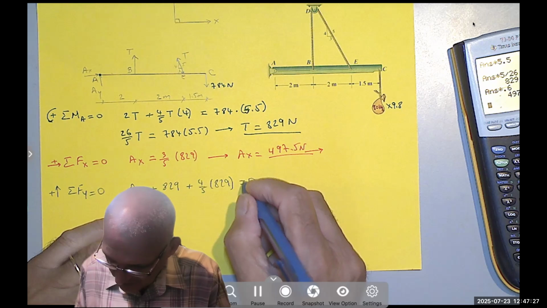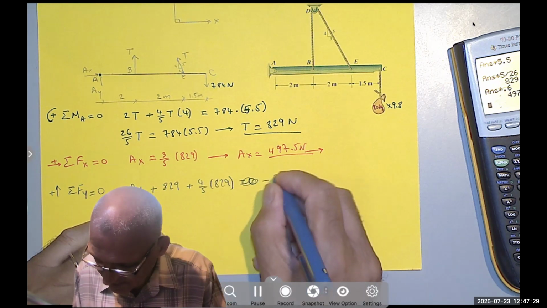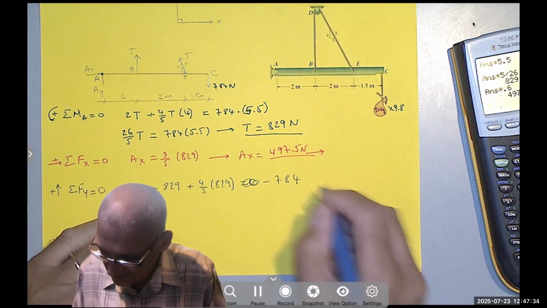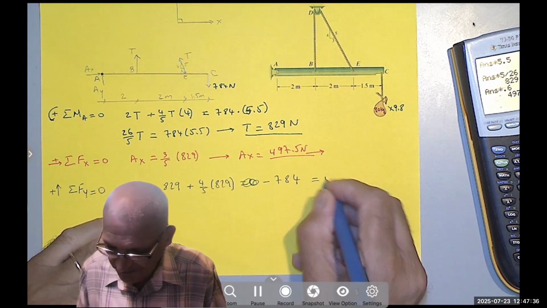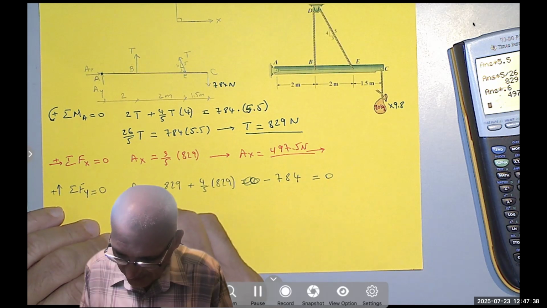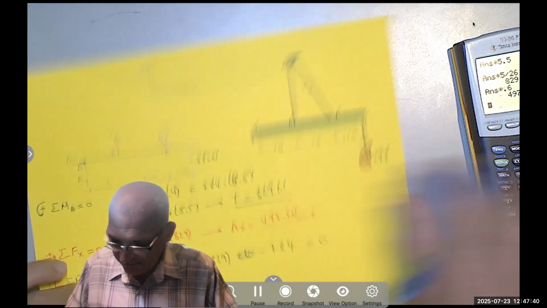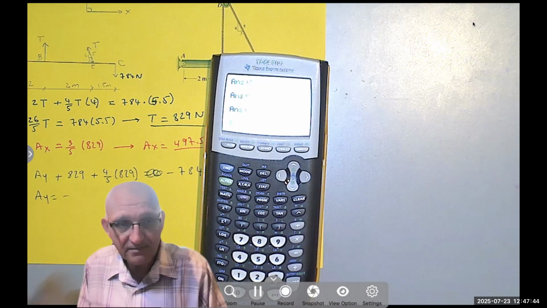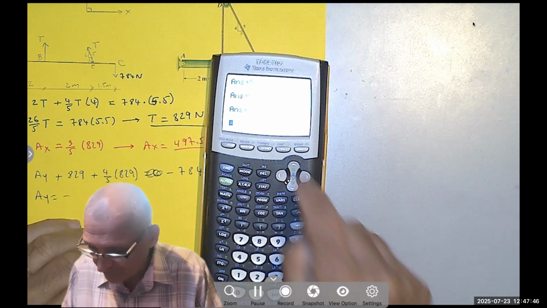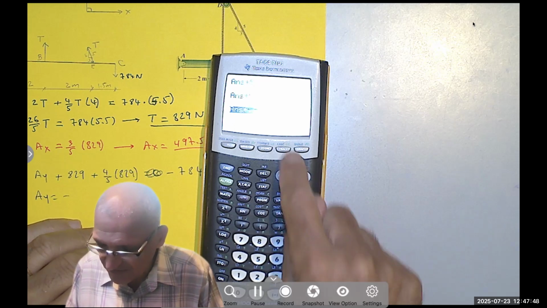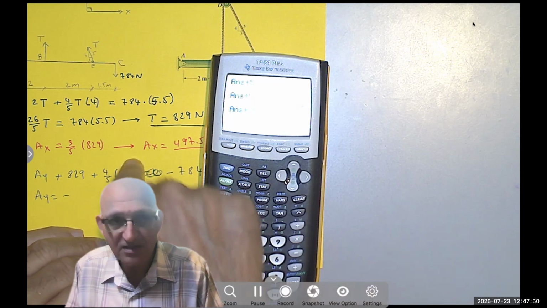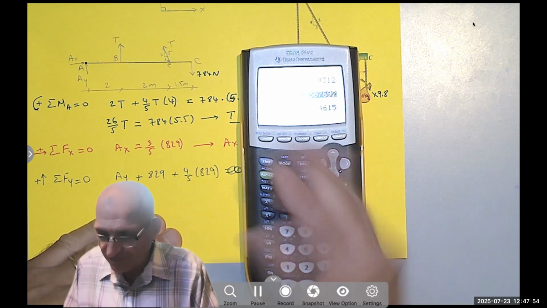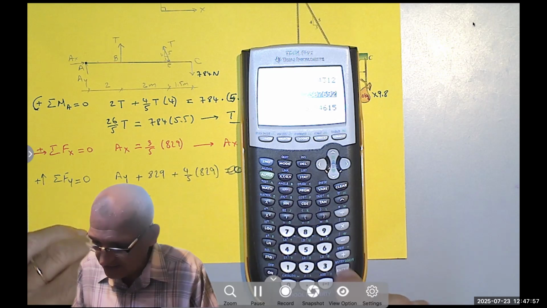Okay, I'm sorry, I forgot to say minus 784 equals 0. So now A sub y would be negative. In fact, I'm going to take the tension and multiply it by 9/5. That's negative, right? Here is the tension. So instead of saying the tension plus the tension times 4 over 5, it's just 9 over 5, or times 1.8.